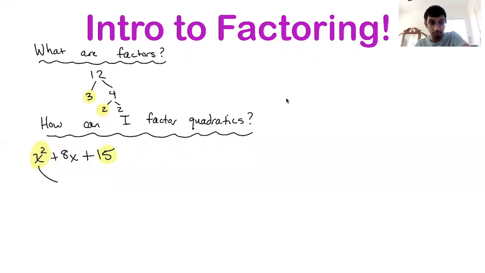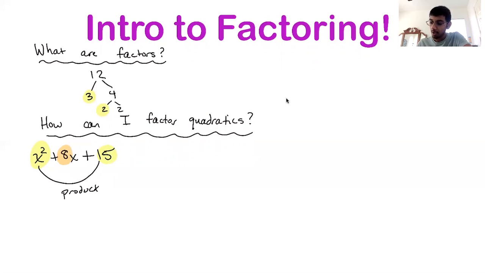That's our product. And the two numbers we use to get that product also have to add up to this number right here as our sum. I know that sounds really weird and you probably don't understand it, but it's going to make sense in a second.